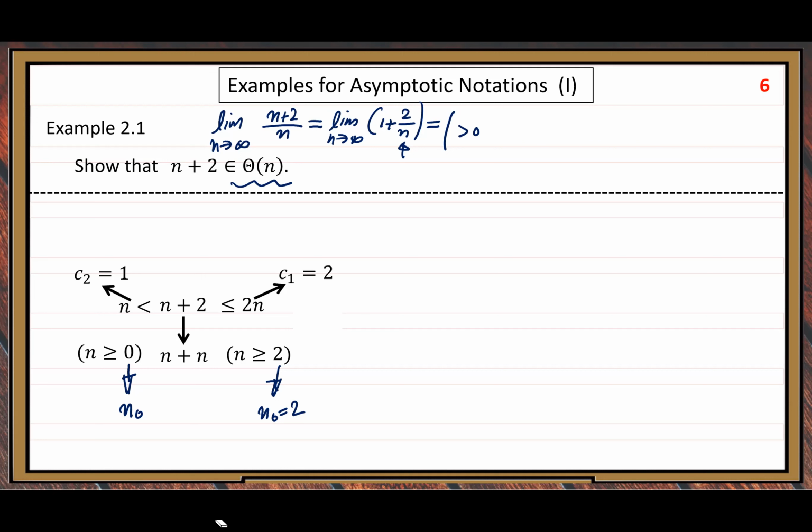All right, so now we have both constant multiples, the C1 and C2 values.